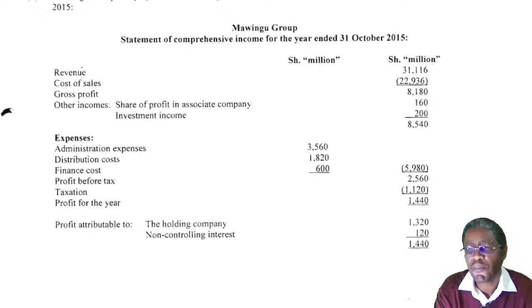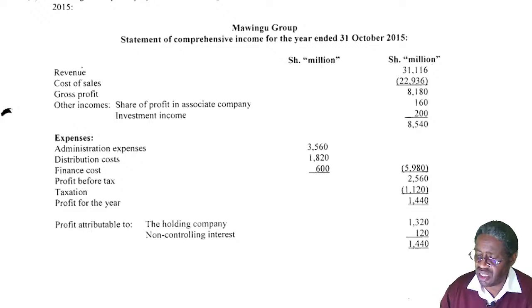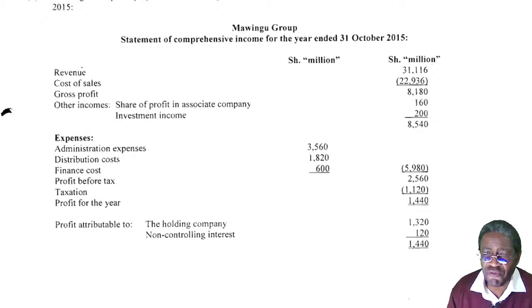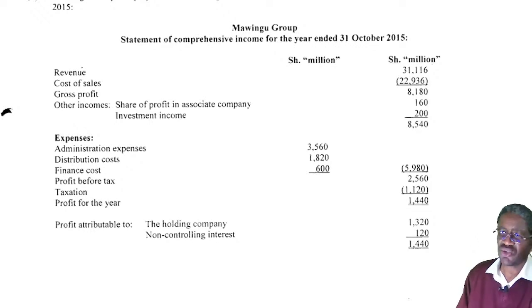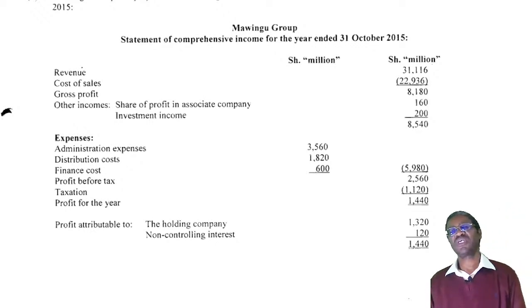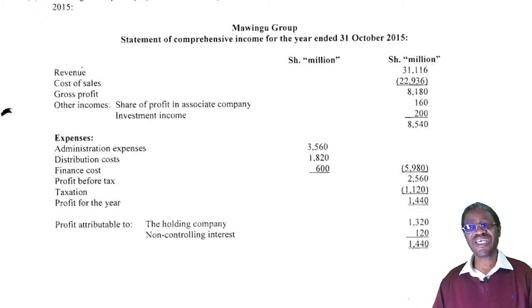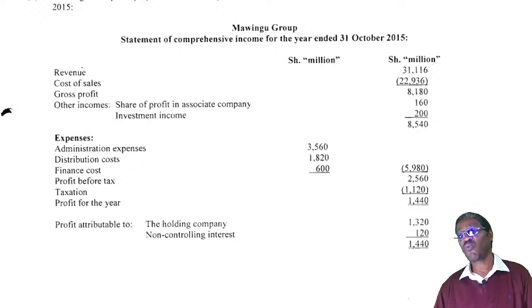We have the sales, cost of sales, gross profit, other incomes. And among the other incomes, we are given share of profit in associate. Listen, share of profit in associate. According to this question, it is an income of 160.